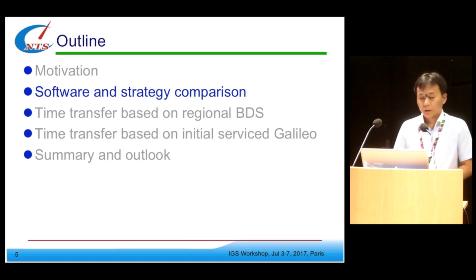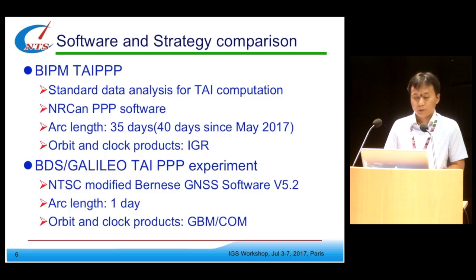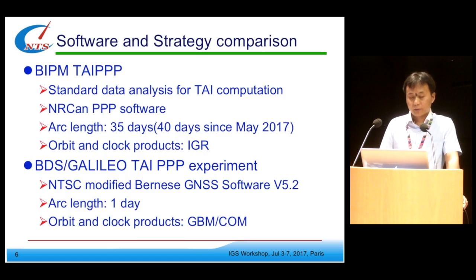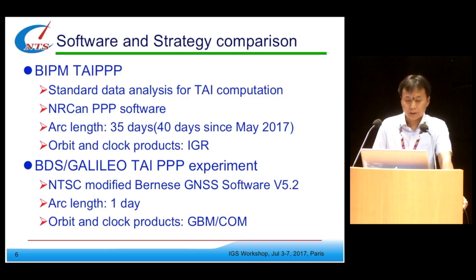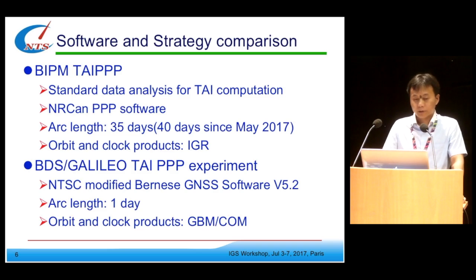So first, we give some comparison of our software and strategy and the BIPM TAI PPP. The BIPM TAI PPP has been integrated as standard data analysis for TAI computation, and it is based on the Atomium PPP software.